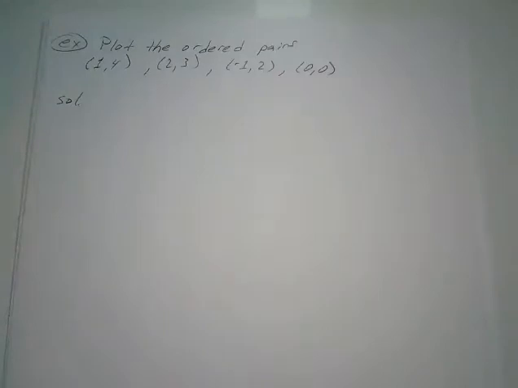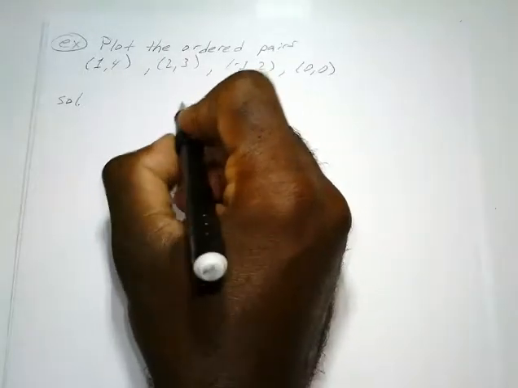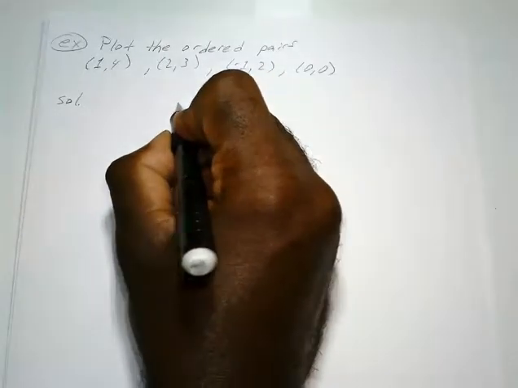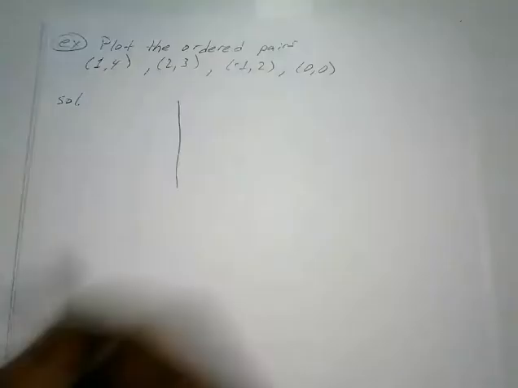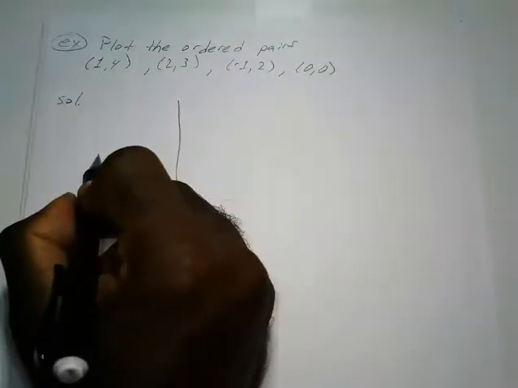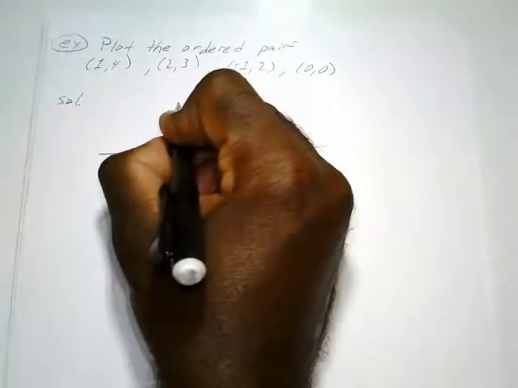Okay, so in order to plot our ordered pair, we need a graph. All right, so in most cases, you will use graphing paper. But for now, we'll just go ahead and draw our XY axis.